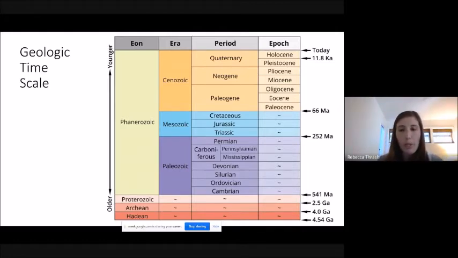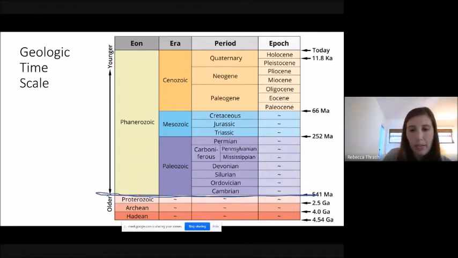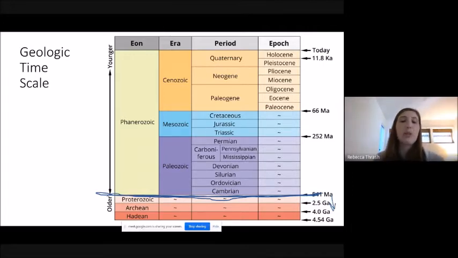So the most important distinction here is probably at this break here, where you get into the Cambrian period. Everything before that is not as biodiverse as everything that happened later. So this is when we get the first explosion of biodiversity, all of these different animals evolving.